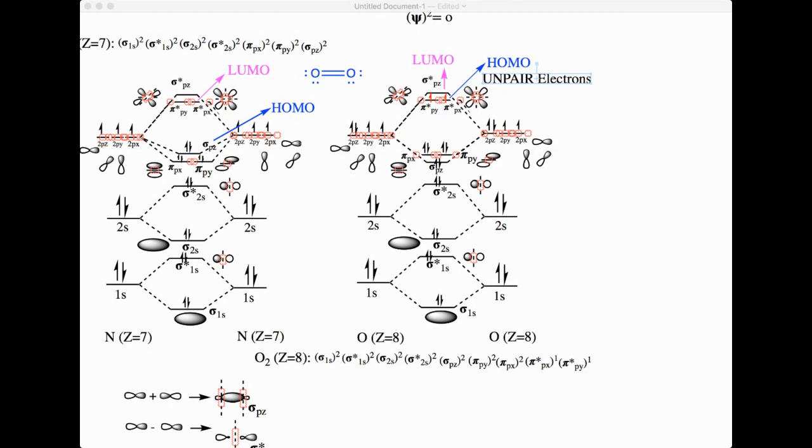So it's just a physical property: paramagnetic molecules are molecules that are attracted to a magnetic field and diamagnetics are not, right? And it's also known that paramagnetic molecules have unpaired electrons, and diamagnetic molecules have paired electrons.